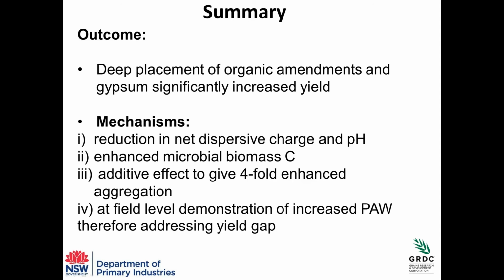At the end of the day, it's a one-off amendment application, and it is the residual effect of that application in terms of the crop response over 5, 7, or 10 years that is going to give us the indication whether this is cost effective or not. And there is a number of pieces of evidence at the moment, from the work that Peter Sale did, from the work that has been done in the high rainfall area of Victoria, and also in this project, we have a component where we are monitoring the existing subsoil amelioration projects that have been done in Australia over 10 years.